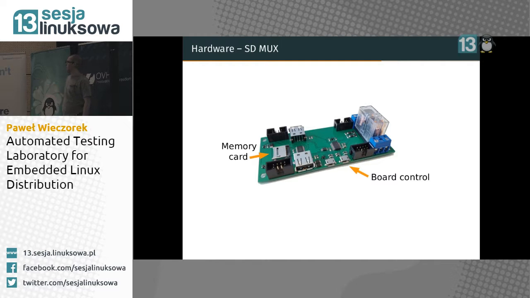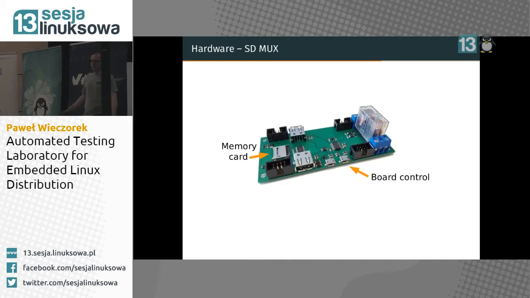It also provides easy access to memory cards, because memory cards and memory card readers, from our experience, are the most failure-prone devices in such appliances. So we decided that they had to be as easily replaceable as possible.